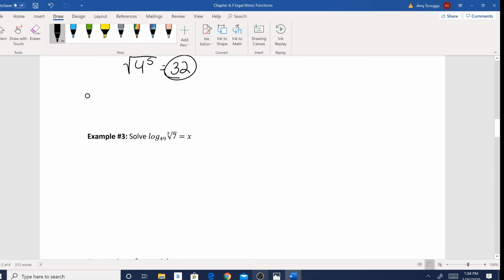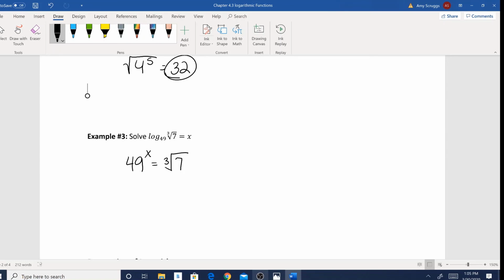So to rewrite this, you would say 49 raised to the x power is equal to the cube root of 7. All right, in this particular problem, it didn't really help us to rewrite this, because we're not going to be able to solve for x unless we change the base so that we have a common base.